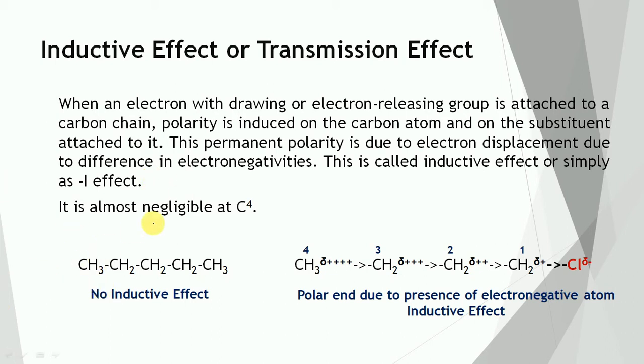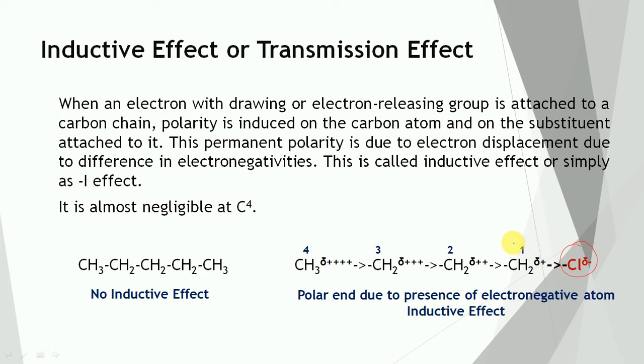So let us see the examples. Suppose we have this alkyl halide. In this alkyl halide, one hydrogen is replaced by chlorine, which is an electronegative element in the chain. So due to difference in electronegativity, the bond becomes polarized.